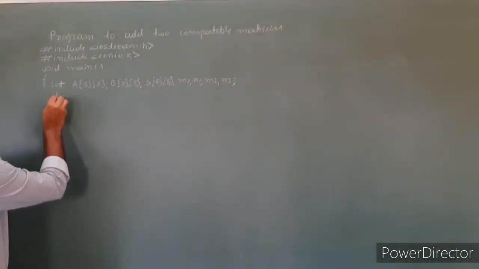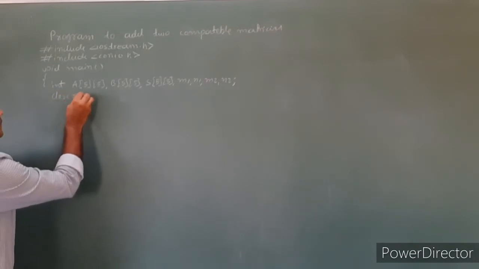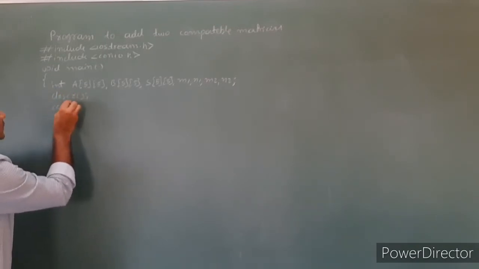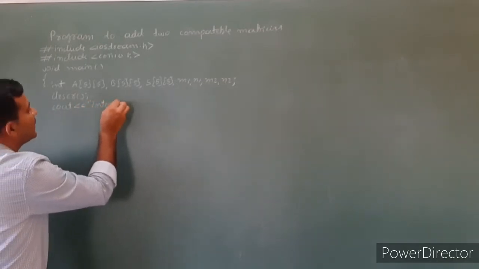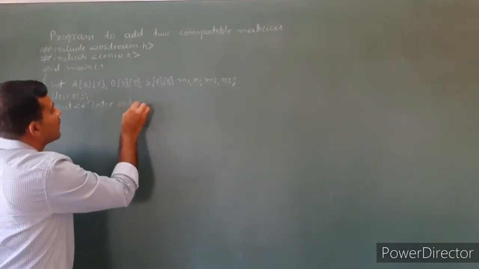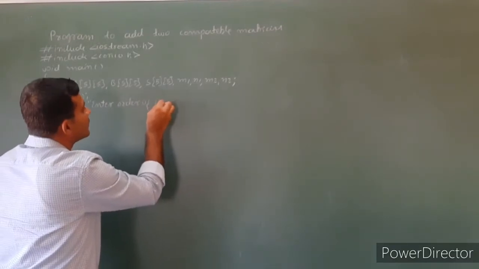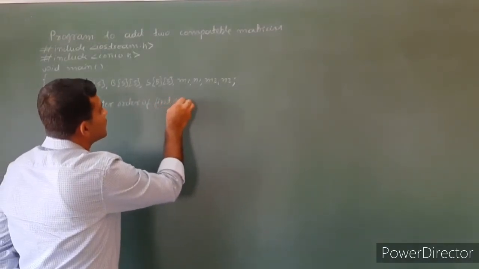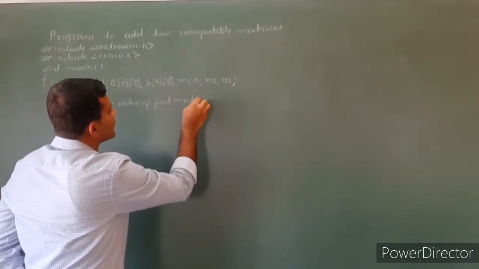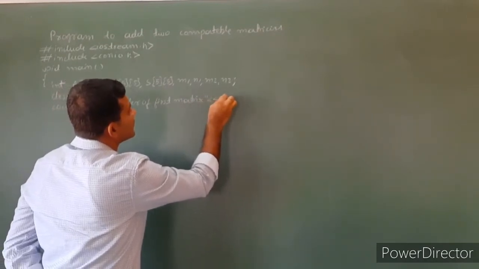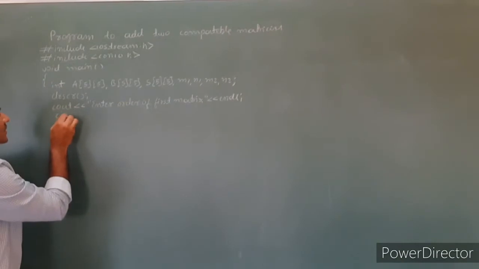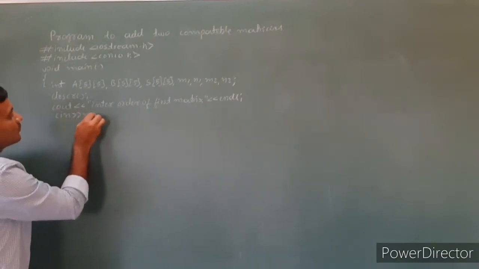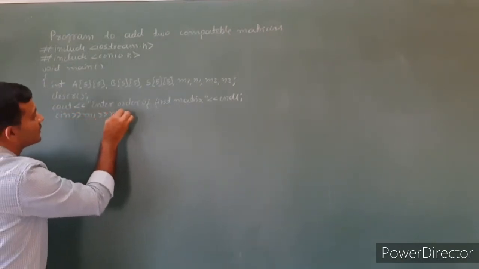After that, clrscr, output: enter order of first matrix. First read the order of first matrix. The first matrix order is M1 and N1.